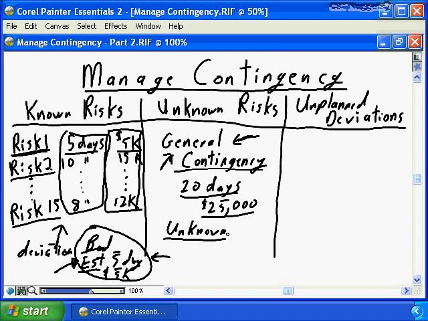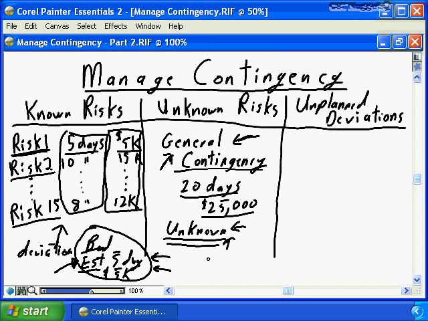However, you need to ensure that when you're using this unknown contingency, you are truly applying it against risk events. And I would like to suggest that bad estimates are not a risk event. General contingency unknowns would deal with some other unknown, uncontemplated, unrealized issue that could result in project delivery challenges.